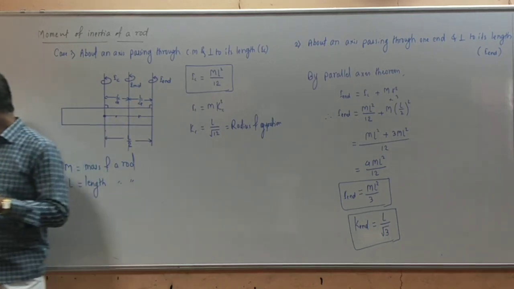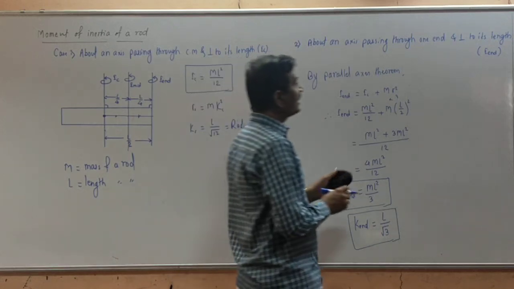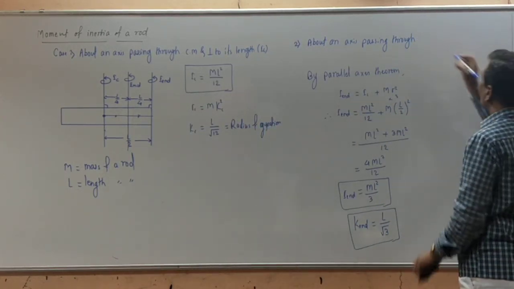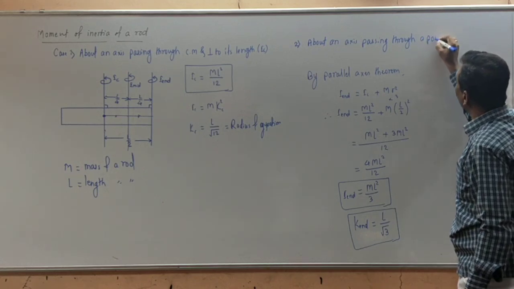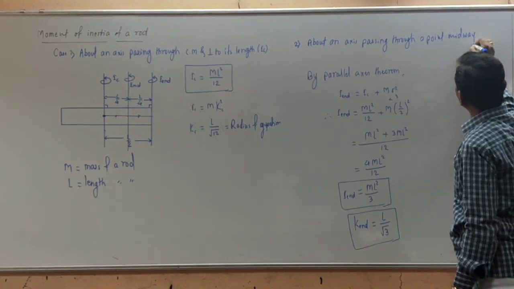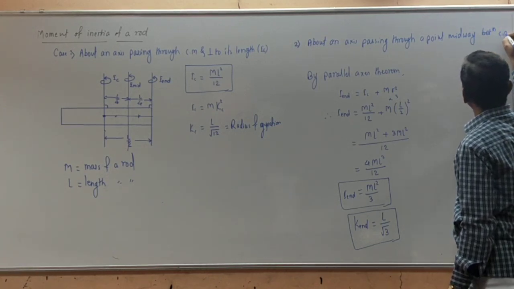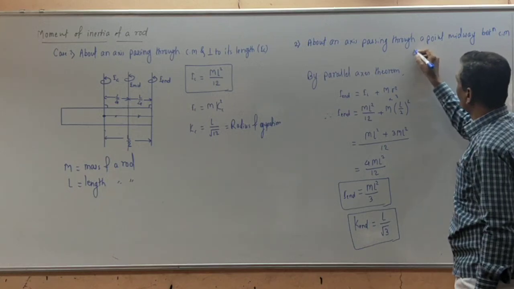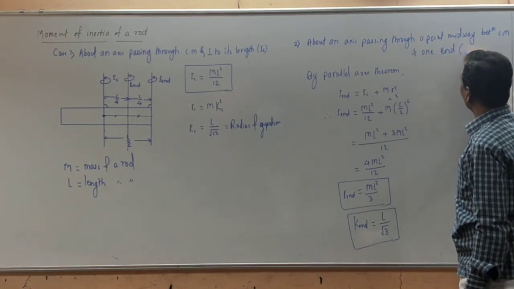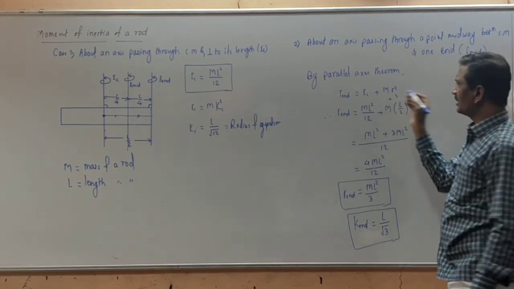So what is the third case? We consider the third case about an axis passing through a point midway between the center of mass and one end. It is denoted by the letter I mid. Apply the parallel axis theorem.